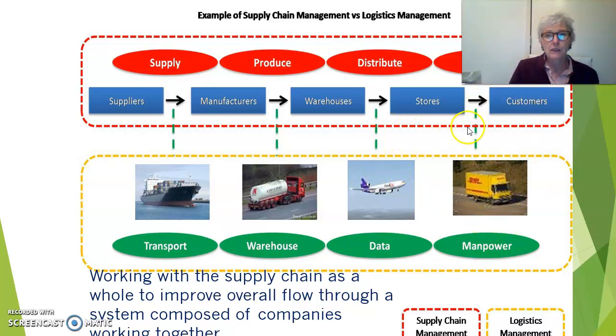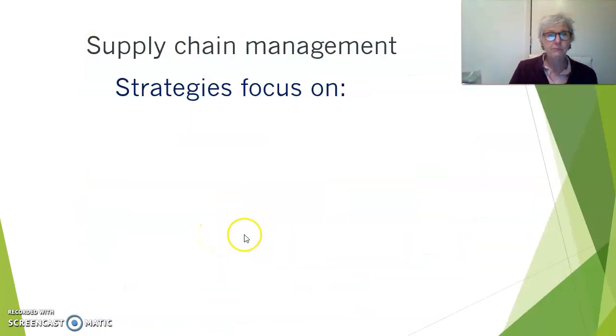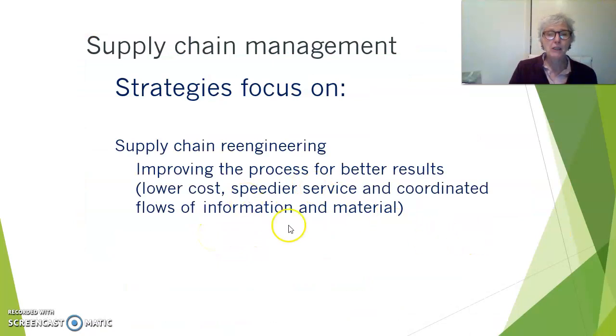So the difference is the red dotted area is the supply chain, the yellow dotted area is the logistics part, and logistics management is planning, organizing, directing and controlling the whole transport from A to B. So supply chain managers focus on re-engineering the process of supplying the products to other companies.